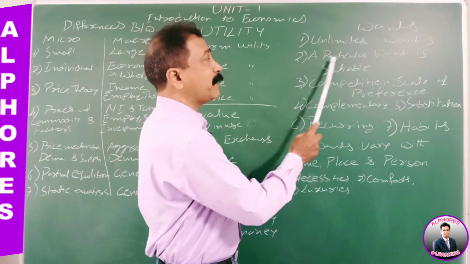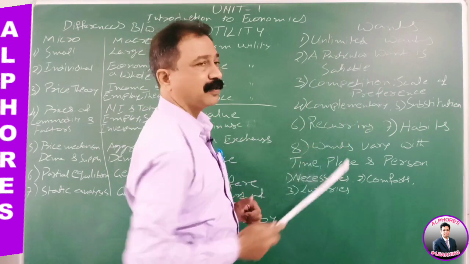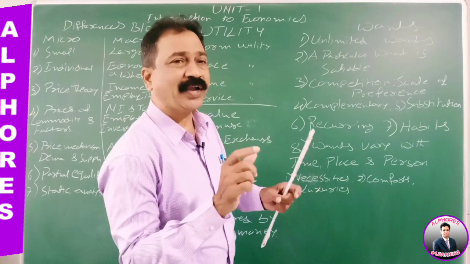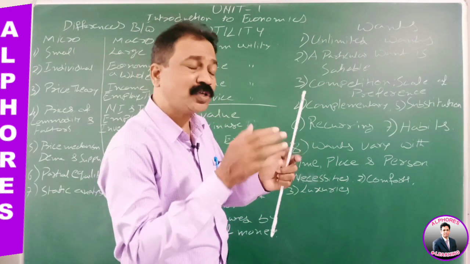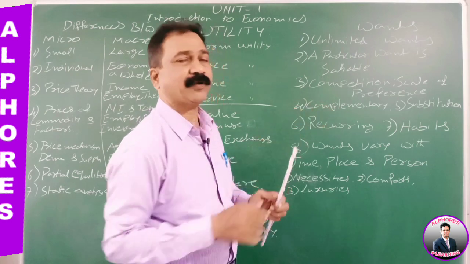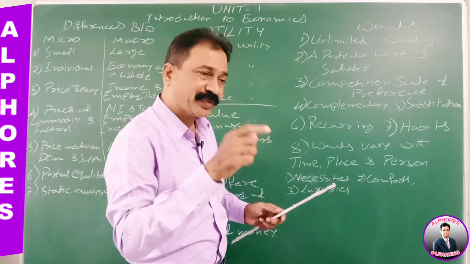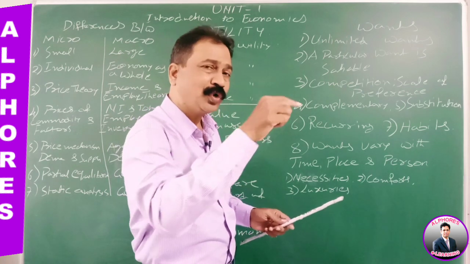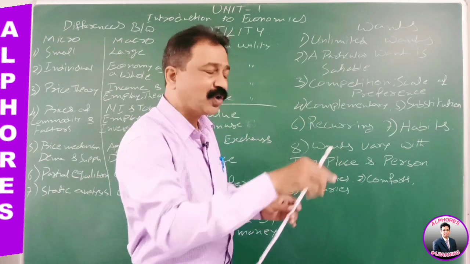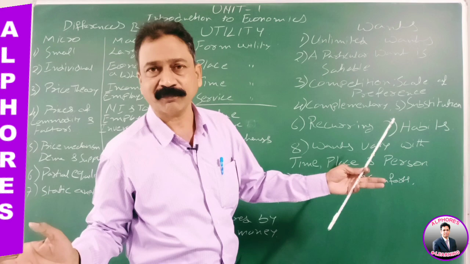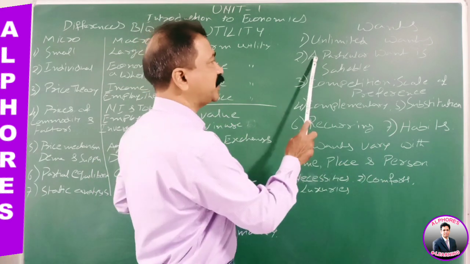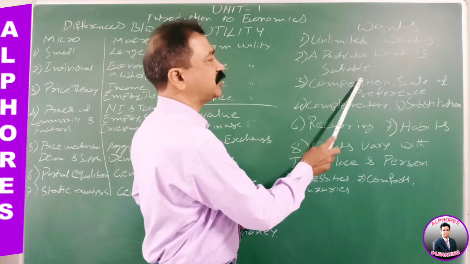Next is that a particular want is satiable. It means only a particular want can be satisfied, not all the wants at a time. That comes under a particular want is satiable.